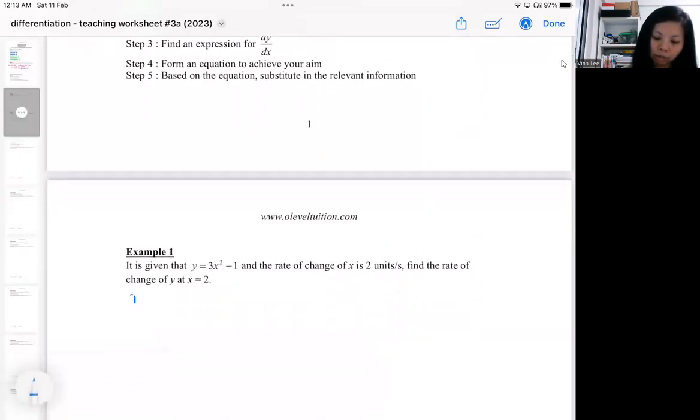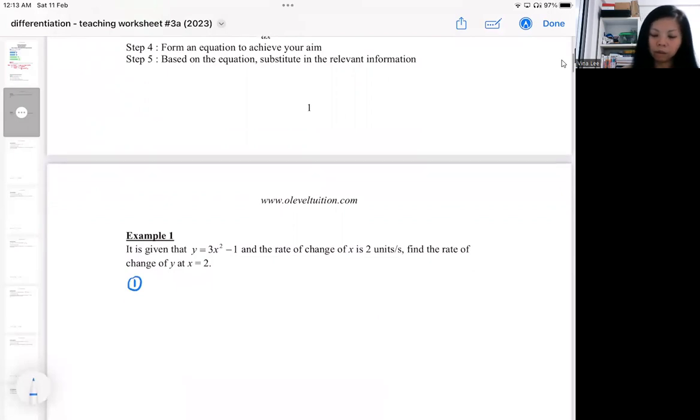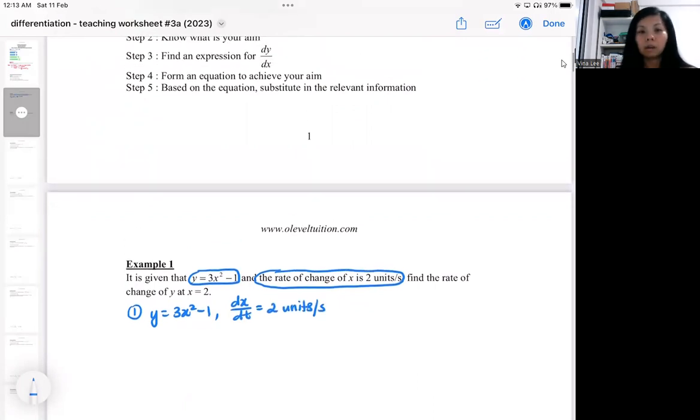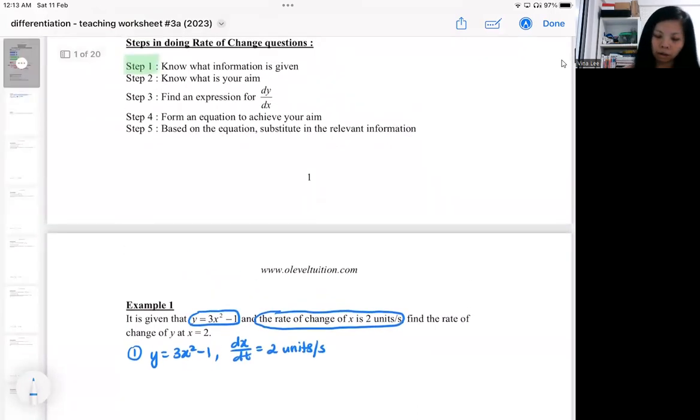First step, you must know what is the information given. So I am given the formula for y, and I'm also given the rate of change of x. So that will be dx dt. These are the 2 pieces of information that I've gotten. Then the second step, you got to know your aim.